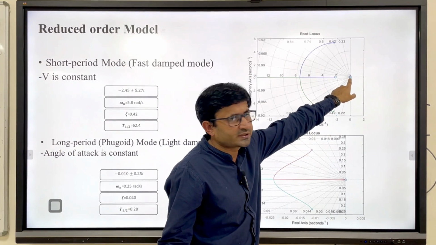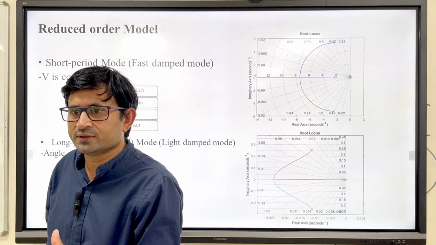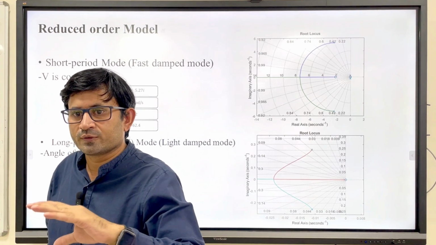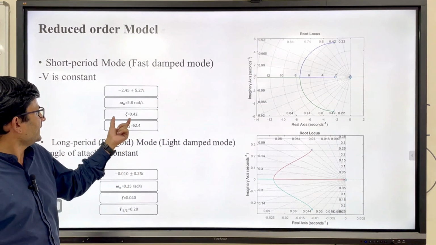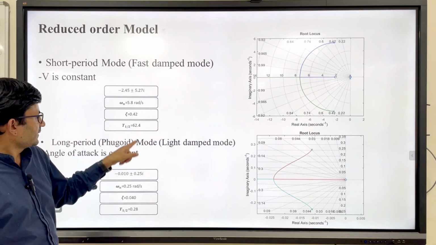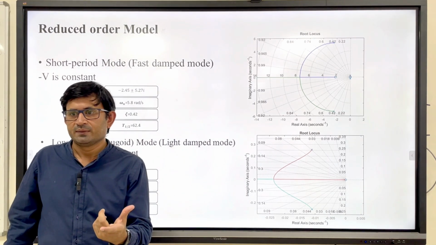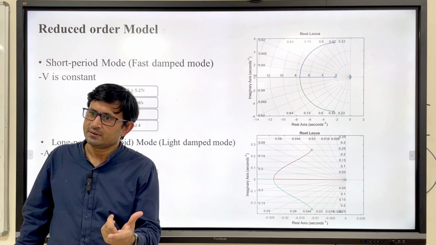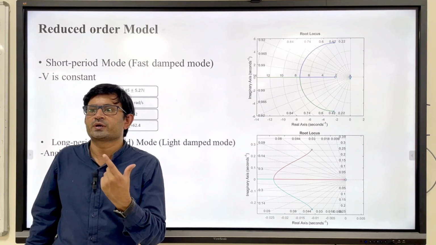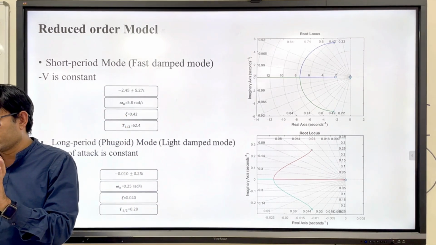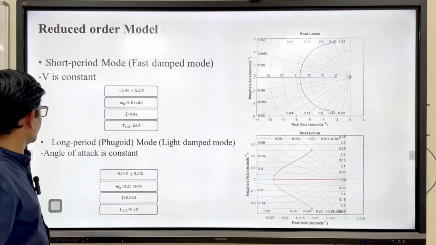In this graph, the Phugoid mode is here, but if you zoom in, because the Phugoid mode will be close to the origin and the short period will be far from the origin, because it is highly damped, and the second case is lightly damped. By math, minus zeta omega n plus minus i omega n under root 1 minus zeta square, you can easily locate the short period mode and Phugoid mode depending upon the damping ratio and natural frequency. That same I have located.